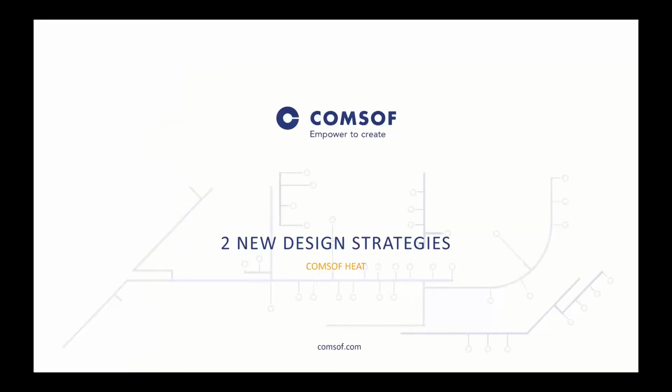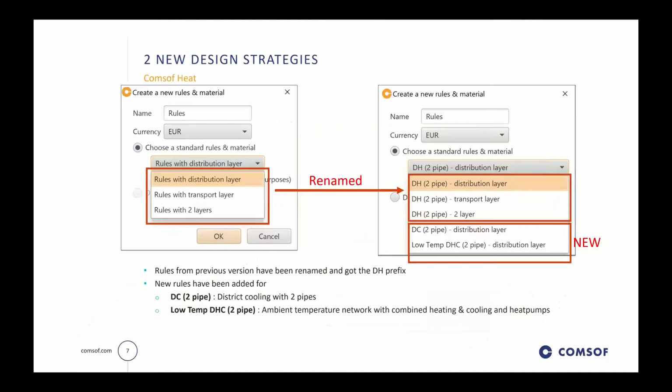So let's start with the two new design strategies. On the left side, you see the original existing design strategies which were there for district heating. These three existing ones have been renamed into the ones on the right side. So you see that we now have district heating two-pipe for distribution, for transport, or for two-layer networks.